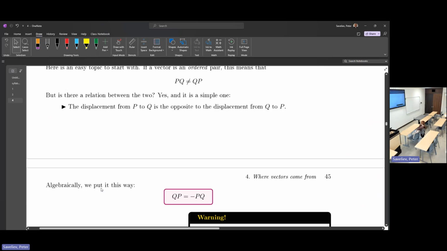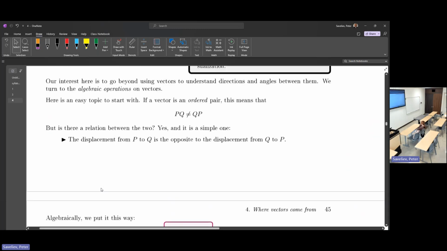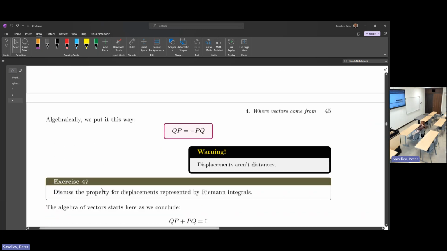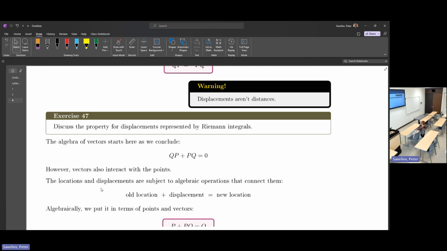So all the things that we have done in dimension 2 and 3 emerge here from the algebra that we know. Once again, if you were to think how we connect points and vectors, that's how. Old location, which is a point, plus displacement gives you the new location.